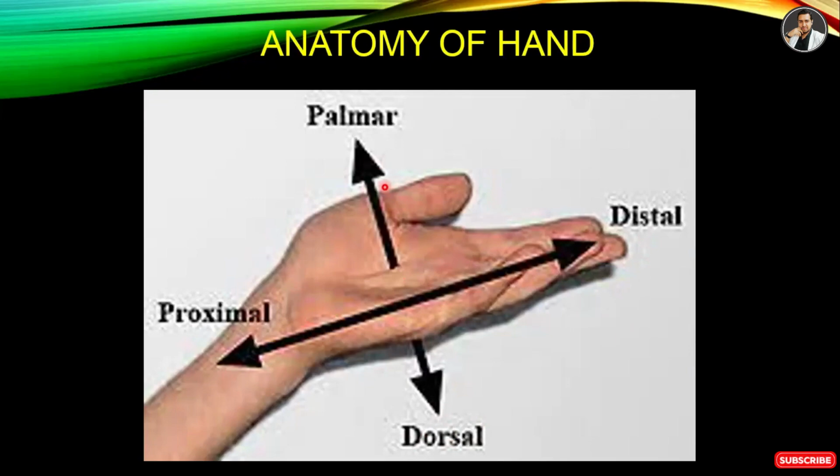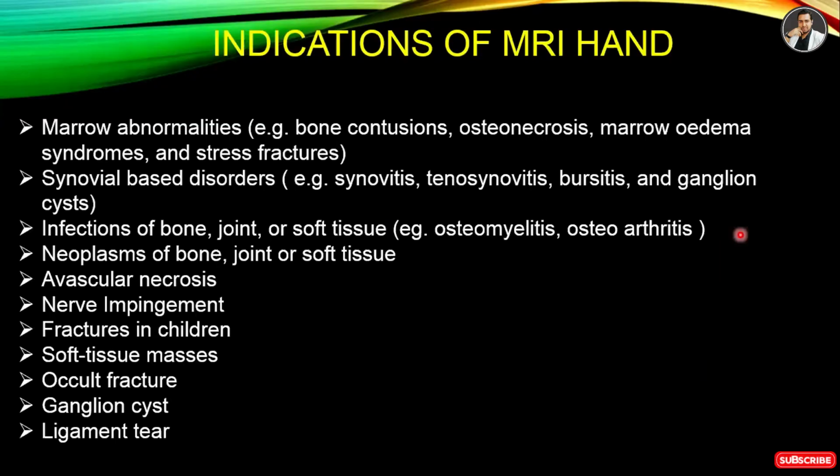These are the reasons why we know these things, because we use these terms when we position the hand. Now we have the indications of MRI: marrow abnormalities, synovial disorders, infection of bone, joint or soft tissue, neoplasm of bone, joint or soft tissue.